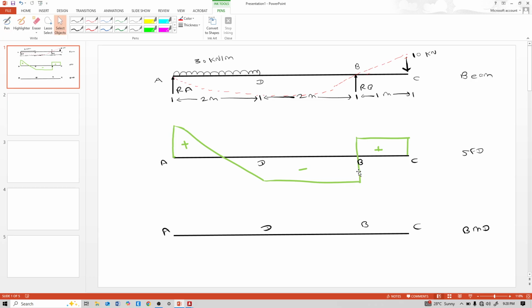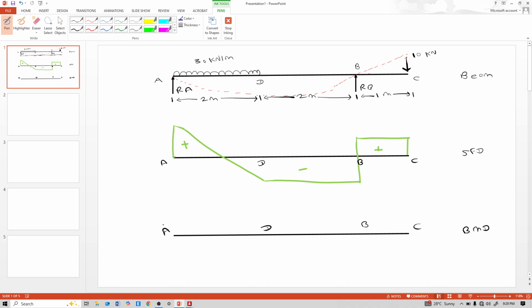Now see the bending moment diagram. At point A the bending moment is 0, because there is only a vertical reaction, there is no moment.